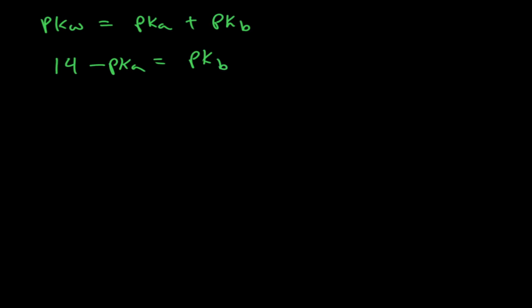And we know pKw is 14 because pOH plus pH is going to equal pKw, and we say that it's equal to 14. Right? Also, if we're given pKb and we're asked to find pKa, we can do, again, 14 minus pKb, and we're going to get our pKa.